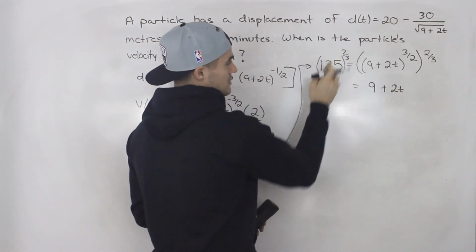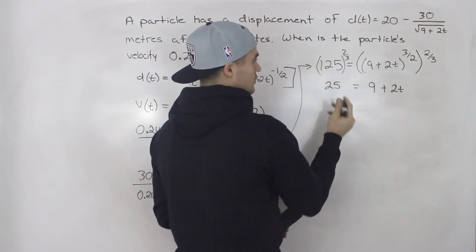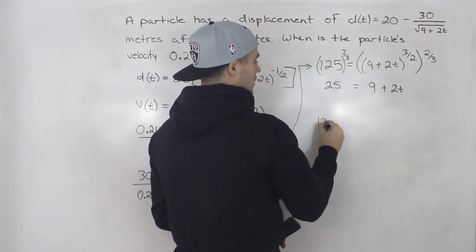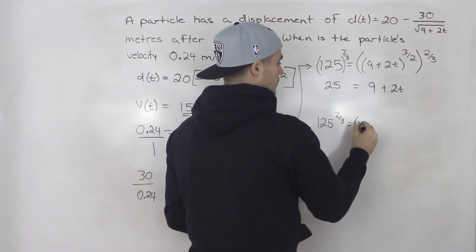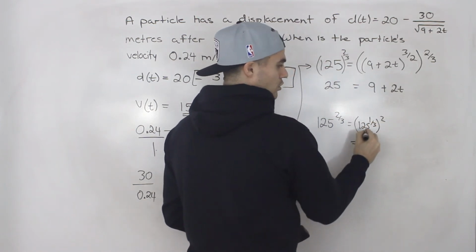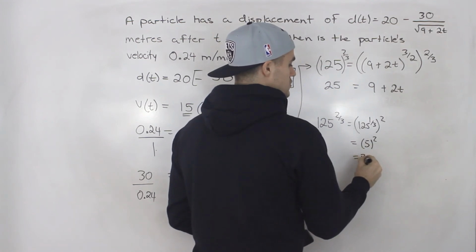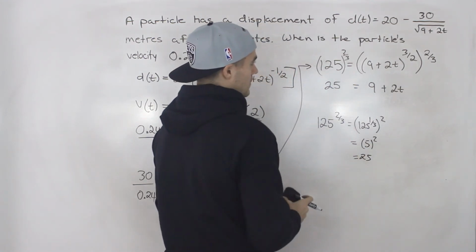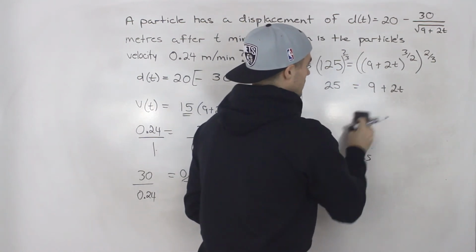And then 125 to the power of 2/3, if you do that in your calculator, you end up getting 25. You can also do it manually: 125 to the power of 2/3 is the same as 125 to the power of 1/3, squared. The cube root of 125 is 5, squared is 25. So that's what the left side is equal to.